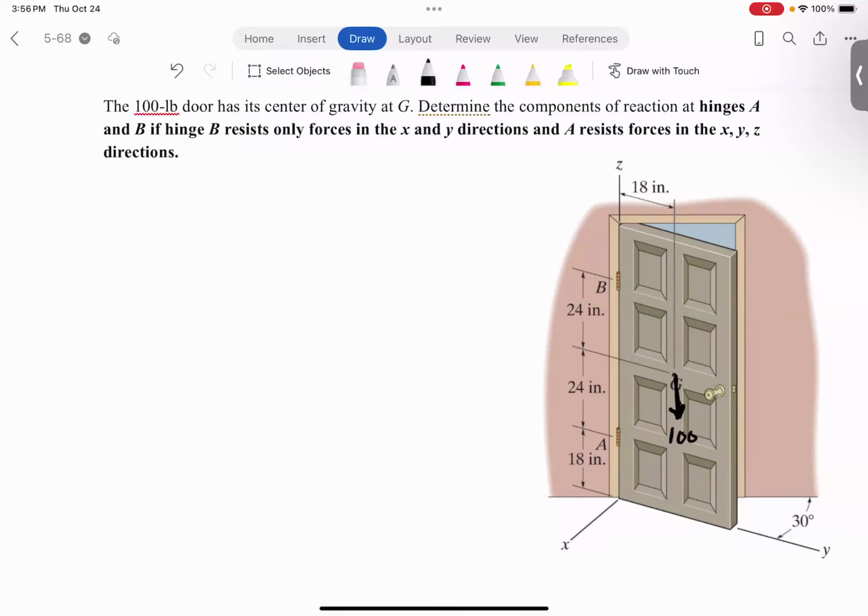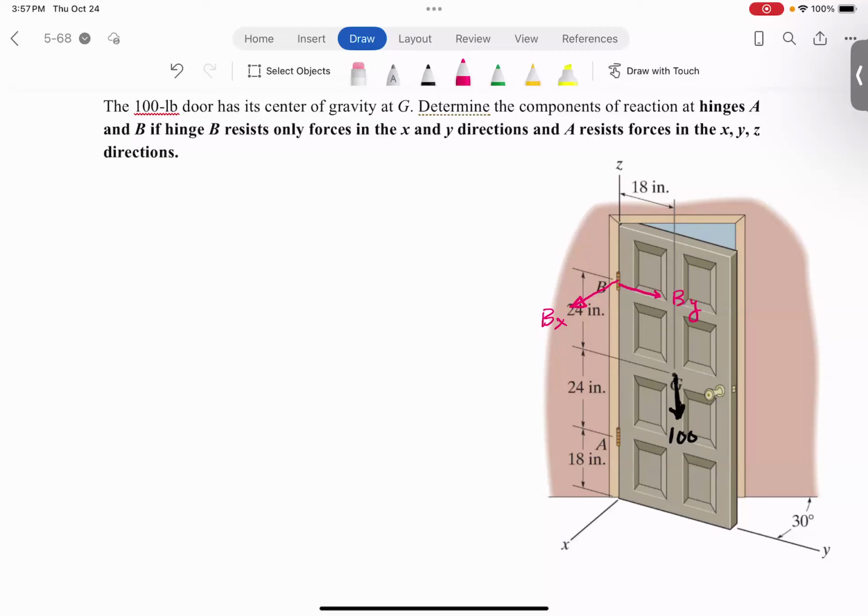And then if you look at the statement of the problem, it says determine the components of reactions at hinges A and B, if hinge B resists only forces in the X and Y directions. So hinge B only has components of reaction in X and Y. So one reaction here in the X, I'm going to call it Bx, and one in the Y, By.